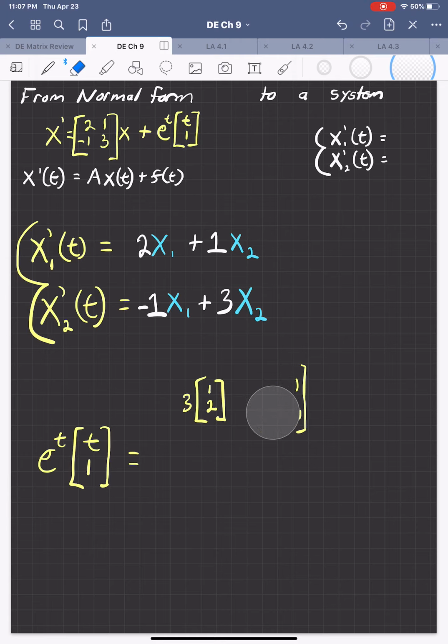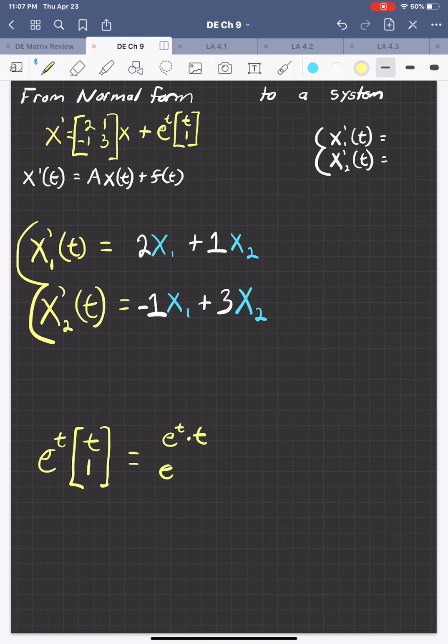But that is the idea of how you would multiply that out. And we're going to do this exact same thing here. So this would be e to the t times t, and then e to the t times 1. Now, all I'm going to do is write that as t e to the t, and I'm going to write that as, obviously, just e to the t.